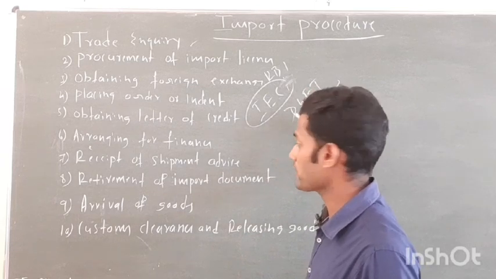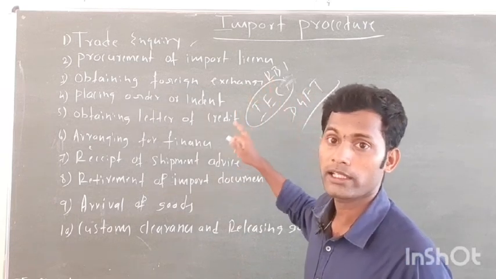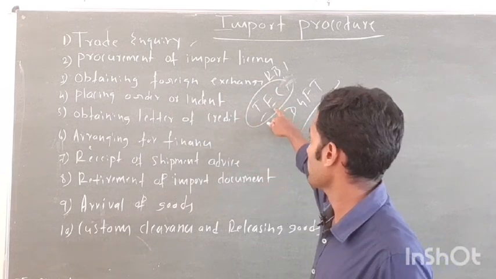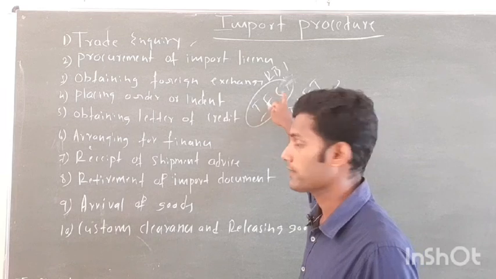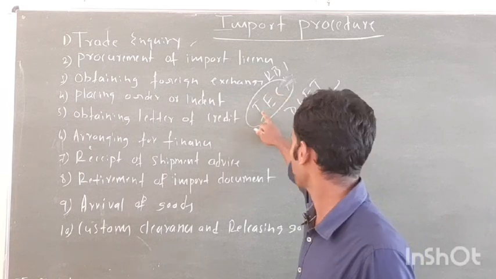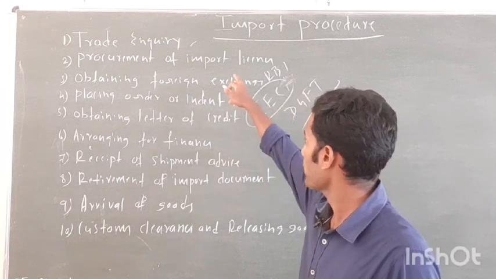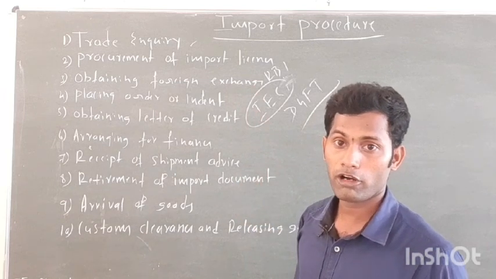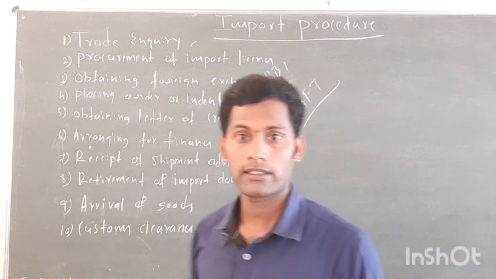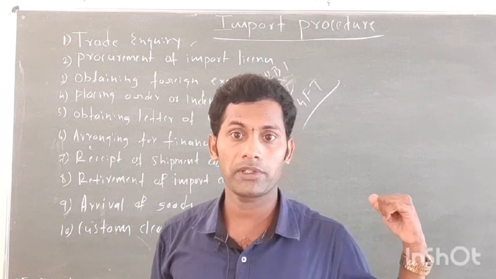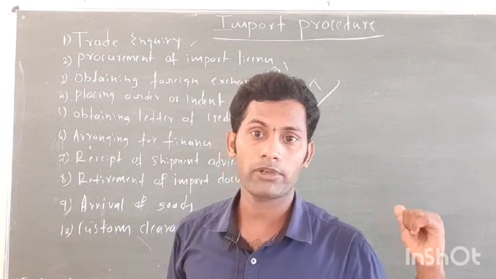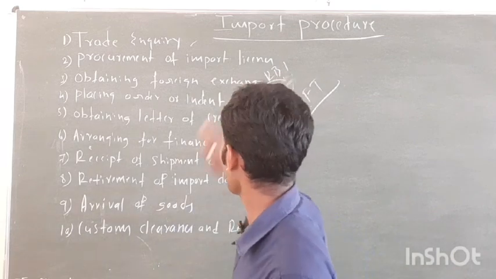Then if he is satisfied with the application of the importer, he gives the IEC, that means import export code. That is called import license. For getting the import license, he has to register with the DGFT. It is the second procedure or second task of the importer.